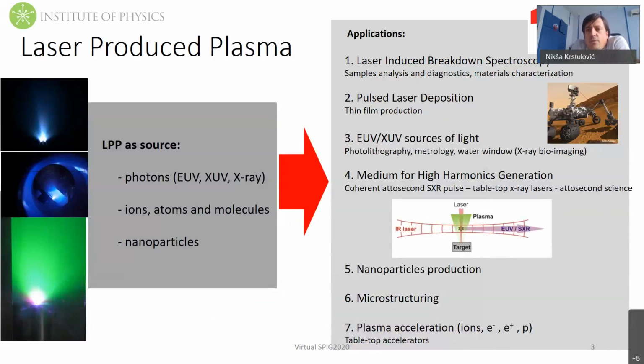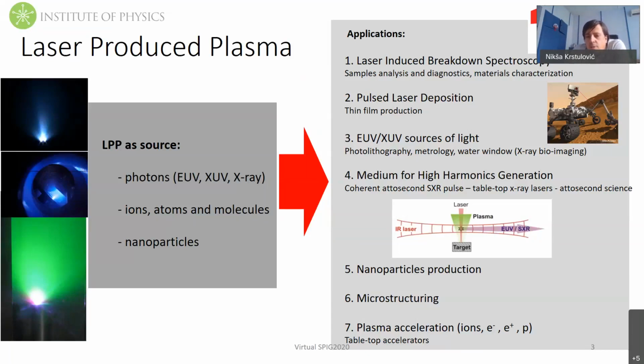Just to name a few, maybe most distinctive is laser-induced breakdown spectroscopy for sample analysis and characterization of materials. Such a system is now employed in the Martian rover to explore the Martian atmosphere and surface. Then also a very frequent application of laser plasmas is pulsed laser deposition for production of thin films for photovoltaics, for example.